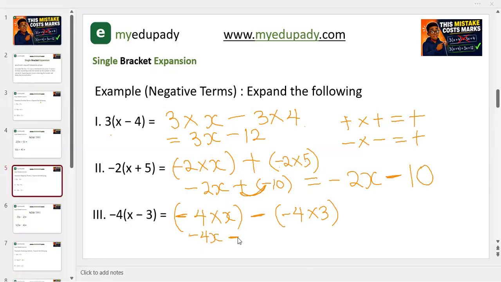And minus 4 times 3 is giving us minus 12. By the time we multiply minus and minus together, we get a positive. That means our result for this will be minus 4x add 12.